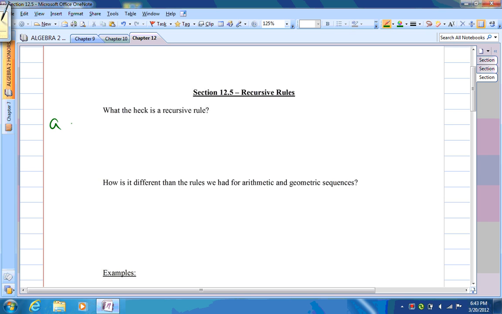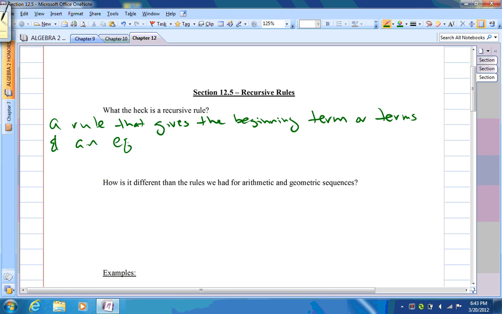Basically it's a rule that gives the beginning term or terms, an equation that relies on the most previous terms.